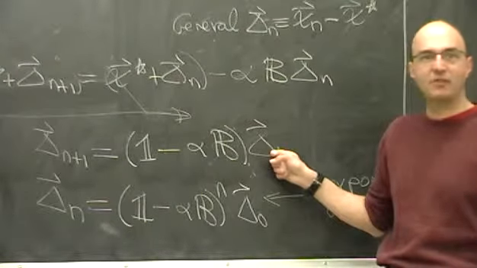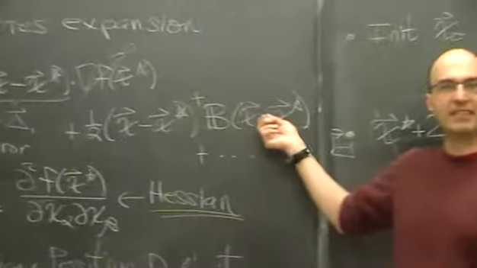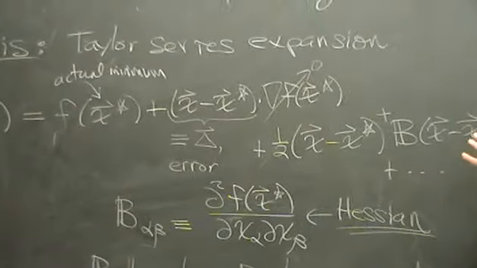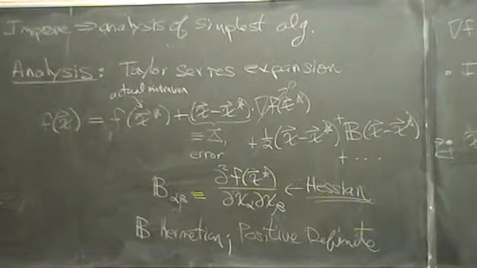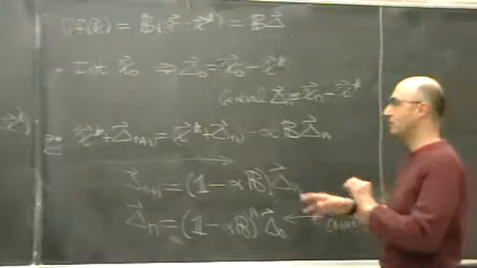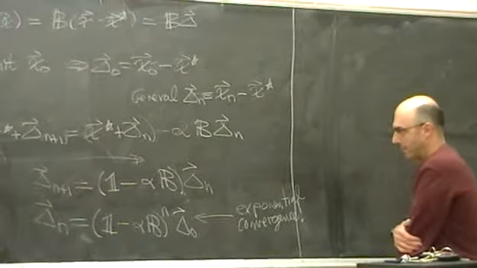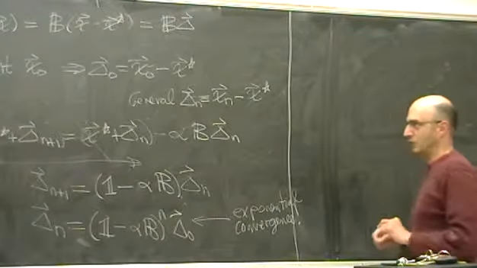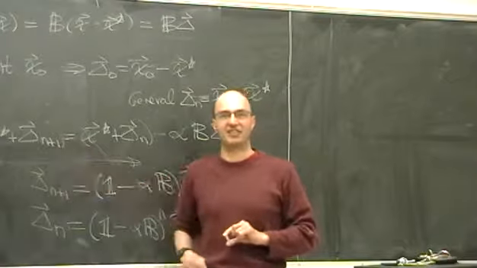I would have to have carried out this expansion to the next higher order. That would have taught me that this algorithm is powerful enough to reduce the order of the error at each stage. This particular one is not. We will see one coming up that actually gets close to that. And that's what I mean by first non-trivial order. It's actually the first order that your algorithm doesn't get right on each iteration.